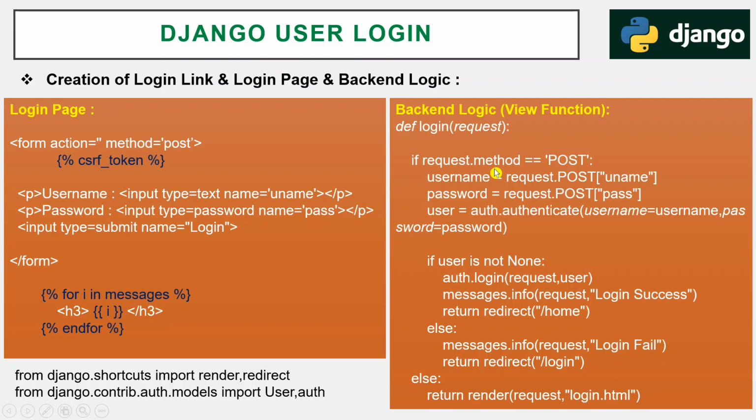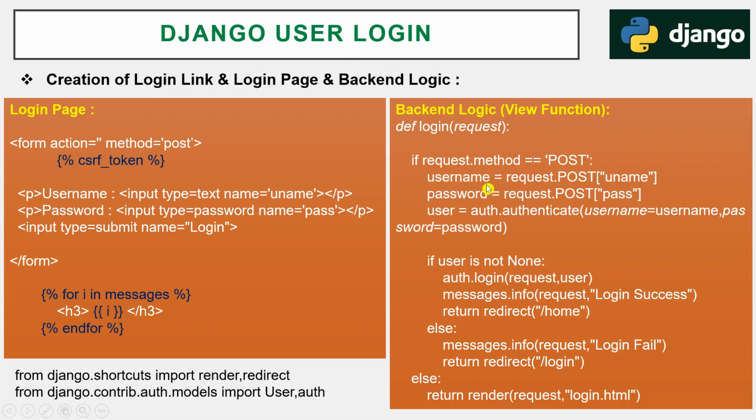Let us discuss how that request is processed. If the requesting method is post, then what we do is the same as in the last class. In the last class, in the registration, we received the data given by the web browser, and then started processing at the backend, right? Similarly here also, if it is the post method, the user-provided data will be stored in individual variables here.